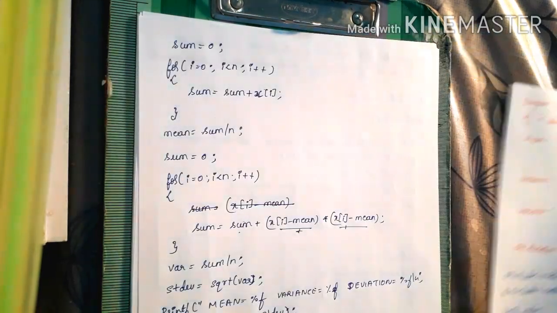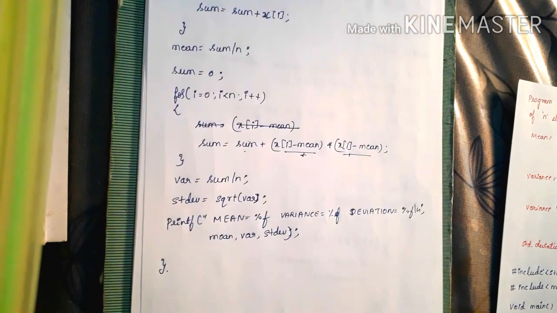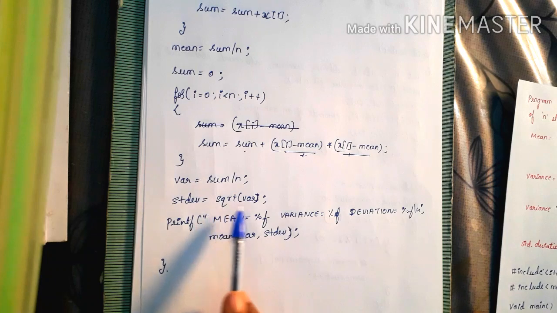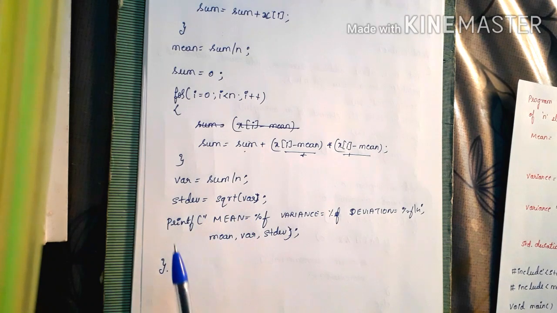Then divide that sum by n, which gives the variance value, stored in the variable var. Next, find the square root of that variance, which gives the standard deviation value. Finally, print mean, variance and standard deviation variable values.